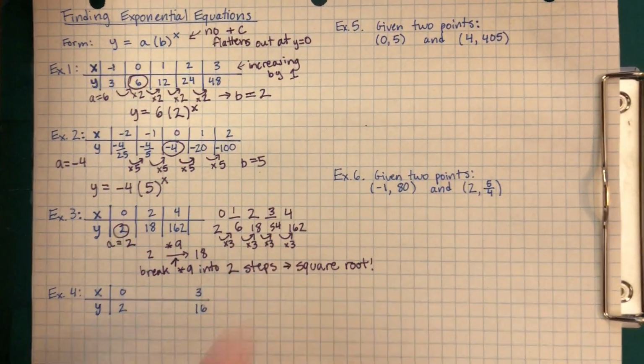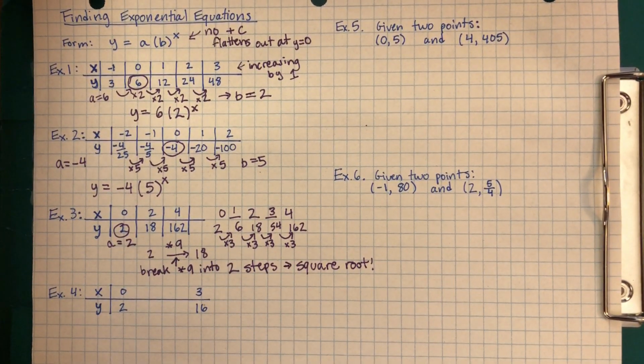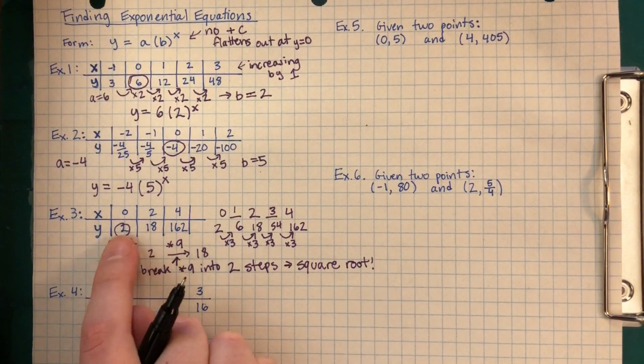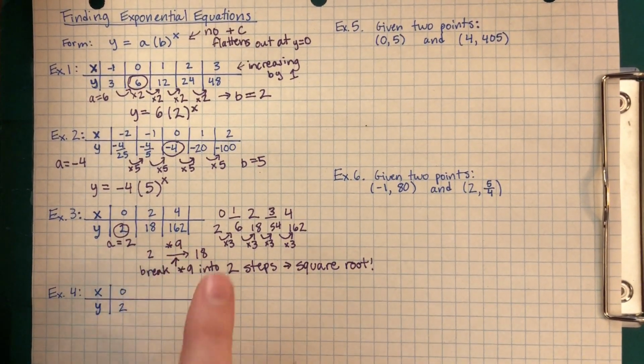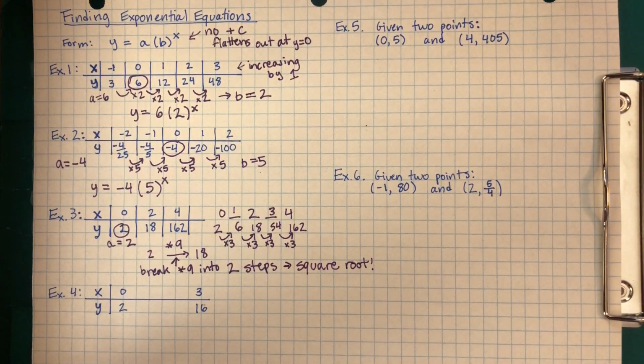So instead of just experimenting with numbers here, what we could do is divide these two to find 9, and then realize we need to break this multiplying by 9 into 2 steps of multiplying. So then instead of multiplying by 9, I'm going to take the square root, that gives me 3, and then I'm going to multiply by 3 and then by 3 again. That's the same as multiplying by 9.